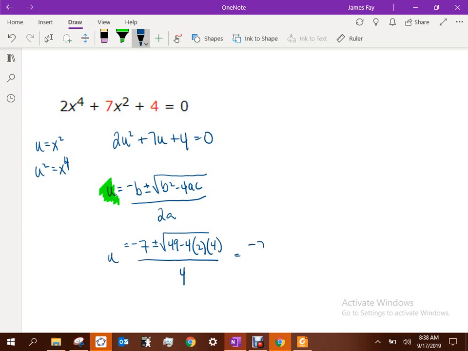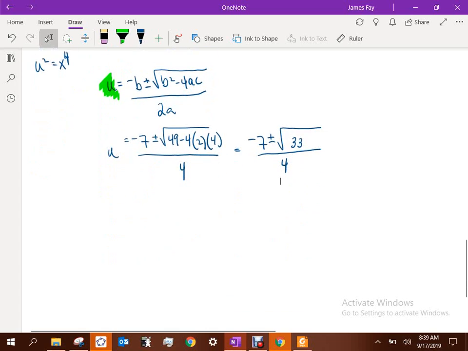So let's just simplify that real quick. Negative 7 plus or minus. So 49 minus 16. Okay, so I'm going to get 33 underneath here all over 4, which is great. That's fine. But remember, that is what u is, right? Let's just cut this and move it real quick.